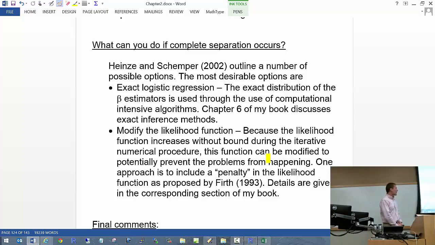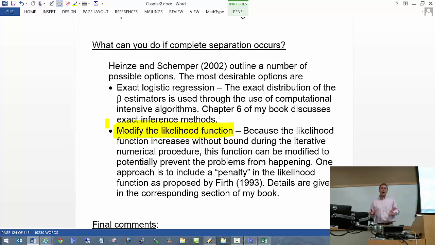An alternative approach, which these guys actually recommend over exact logistic regression, I don't remember off the top of my head if it's in this paper or in a follow-up paper that they did, is to modify the likelihood function. What I mean by that is that these maximum likelihood estimates in complete separation settings will result in infinite estimates.